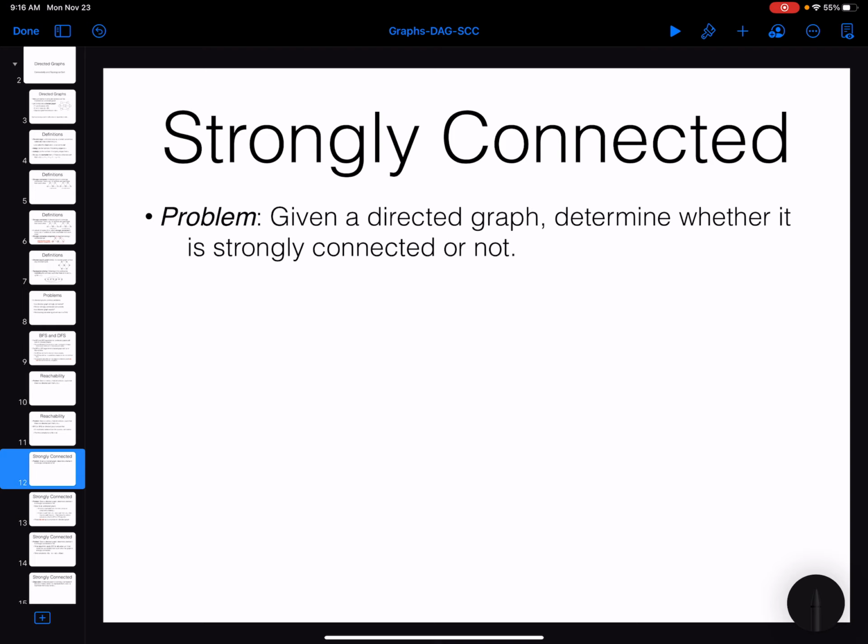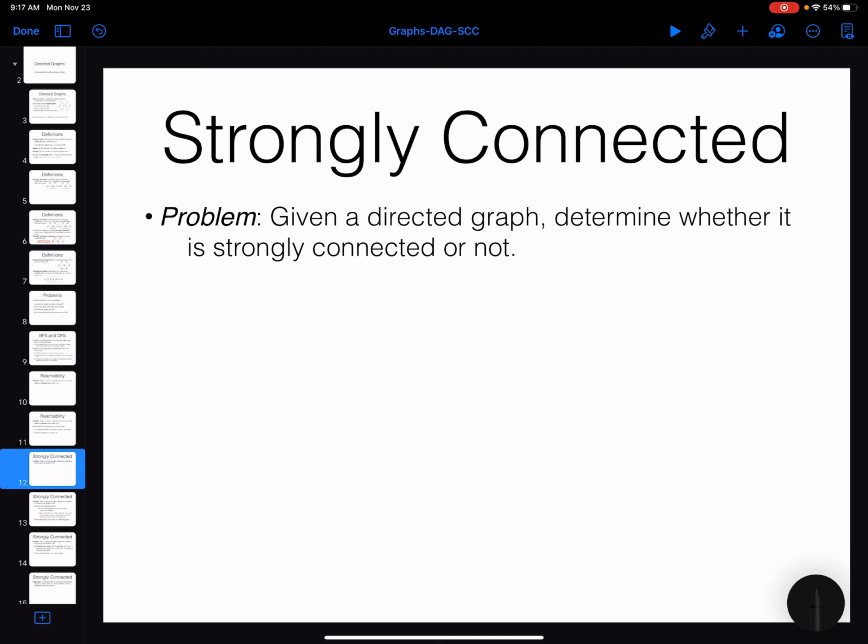Another problem over directed graphs is that I have a directed graph and I want to check if the graph is strongly connected or not. In the previous problem, I solved finding all the nodes which are accessible from one given node in the graph.